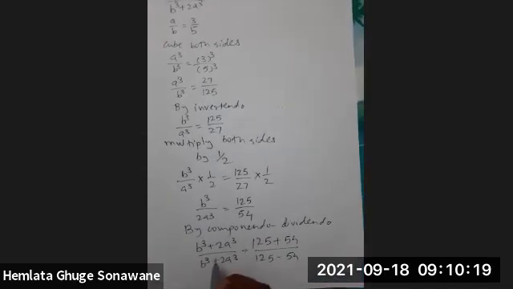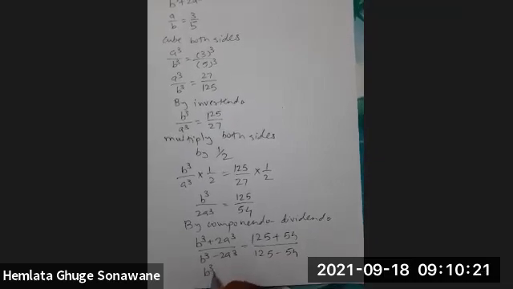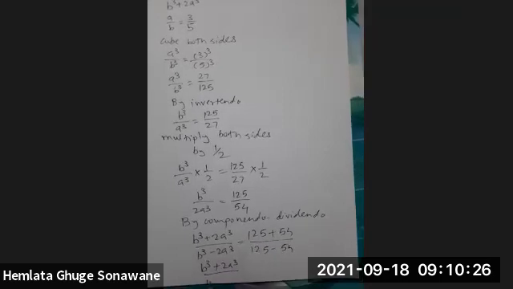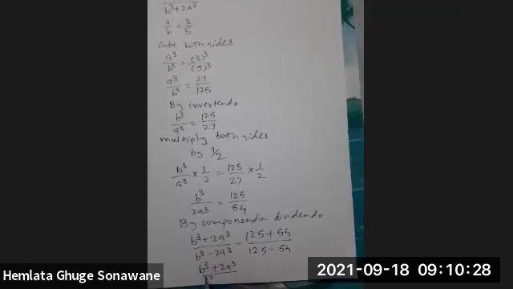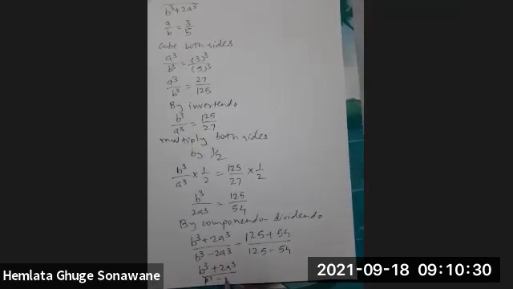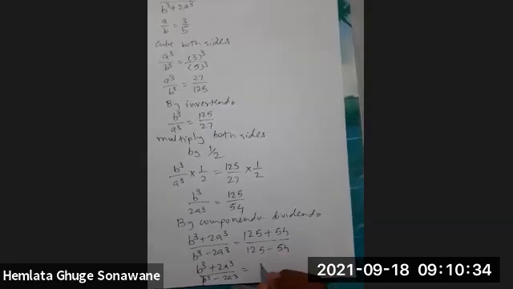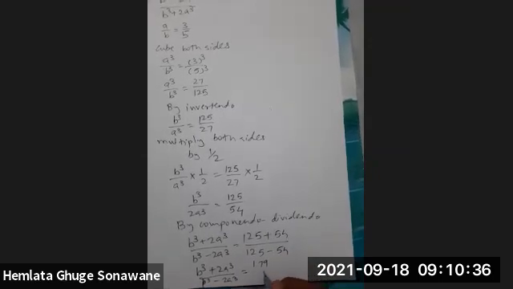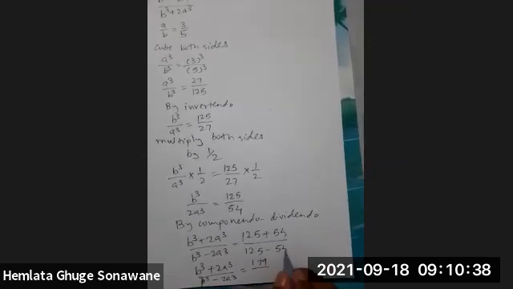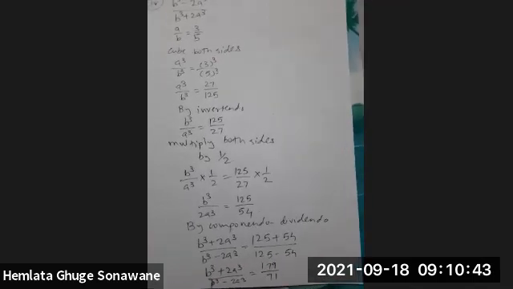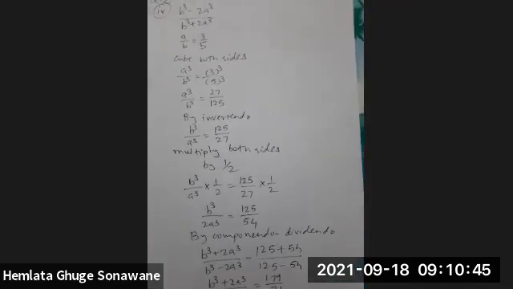So b cube plus 2a cube upon b cube minus 2a cube is equal to 125 plus 54 is 179, and 125 minus 54 is 71.